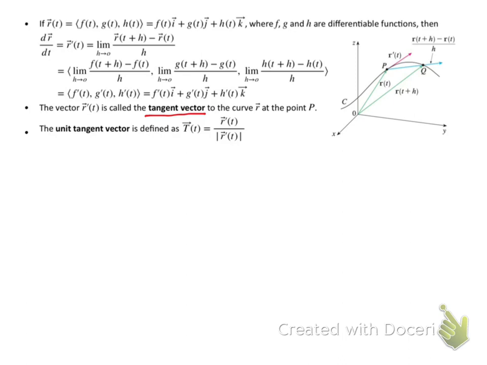That's where we get the unit tangent vector, which we denote by capital T. T is the tangent vector r prime, divided by its magnitude. So it's r prime over the absolute value of r prime.